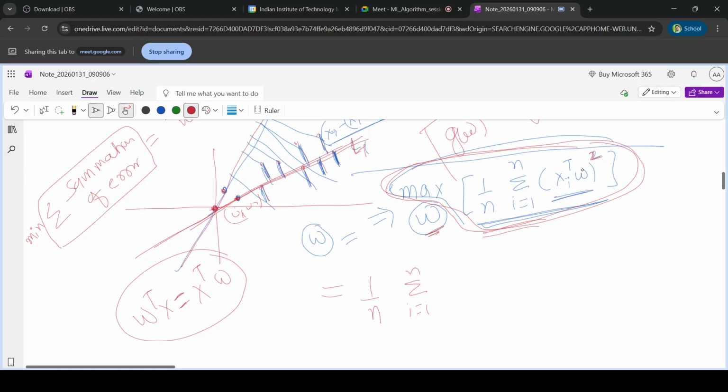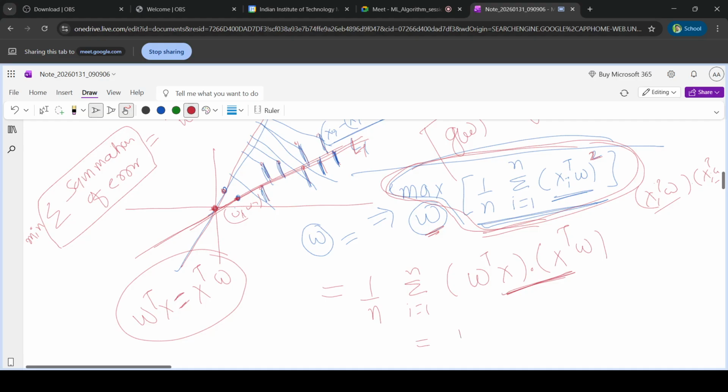So Xi transpose W we can also write as W transpose Xi into Xi transpose W, because both are the same. So instead of writing Xi transpose W into Xi transpose W, you are just simply writing it this way. Throughout this subject, this is one type of a kernel, but we'll come to that point later.